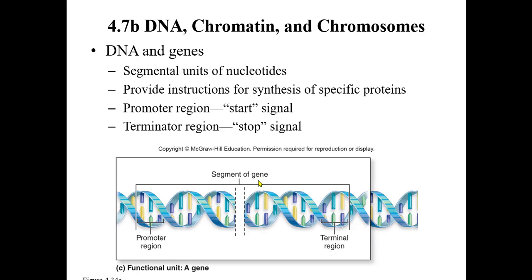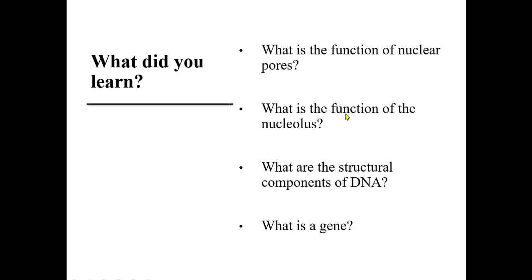So a gene is a sequence of DNA that codes for a protein. And it should say specific protein to be more accurate, because it does code for a specific protein. Okay, and there's your question why I said you need to know that. What is a gene? A gene is a sequence of DNA that codes for a specific protein.